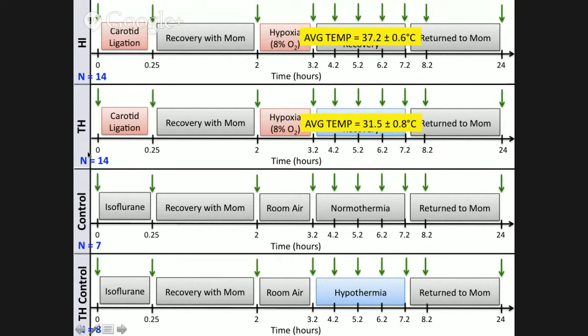And then we have 14 pups in the therapeutic hypothermia group who recover with an average temperature of about 31.5 degrees. I also have data from controls and hypothermic controls, but I'm just going to highlight the hypoxic pups because the data gets really complicated, and the control data is quite variable because the longer you keep the pups away from mom, the more agitated they get and the more they move around, so it makes measurements a little difficult.